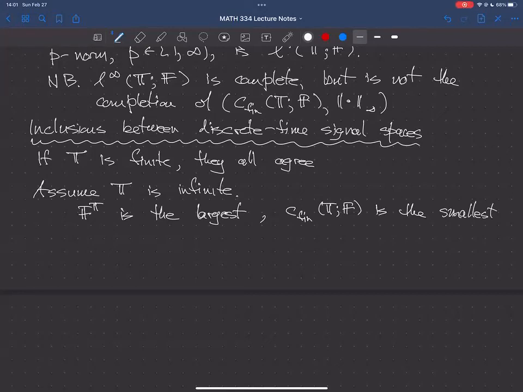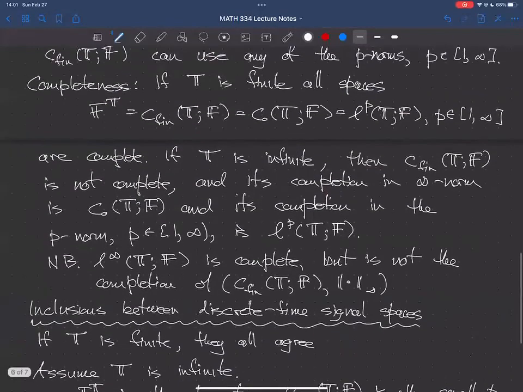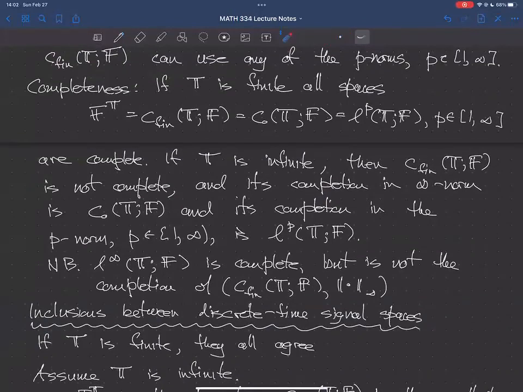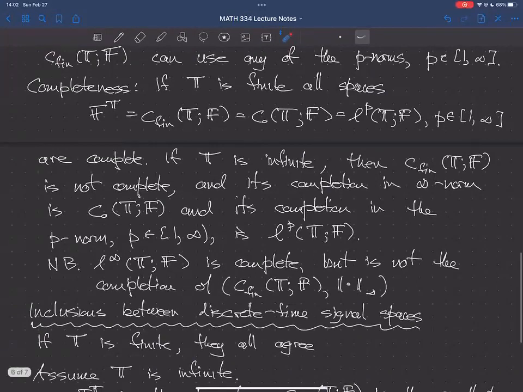So what about ordering things in between? Let's cover L infinity first. L infinity are the bounded signals, and so certainly things in little c0 are bounded. They go to 0 at infinity, so they're less than 1 outside some finite set, and therefore bounded. L1 and L2, for example, will be in L infinity.